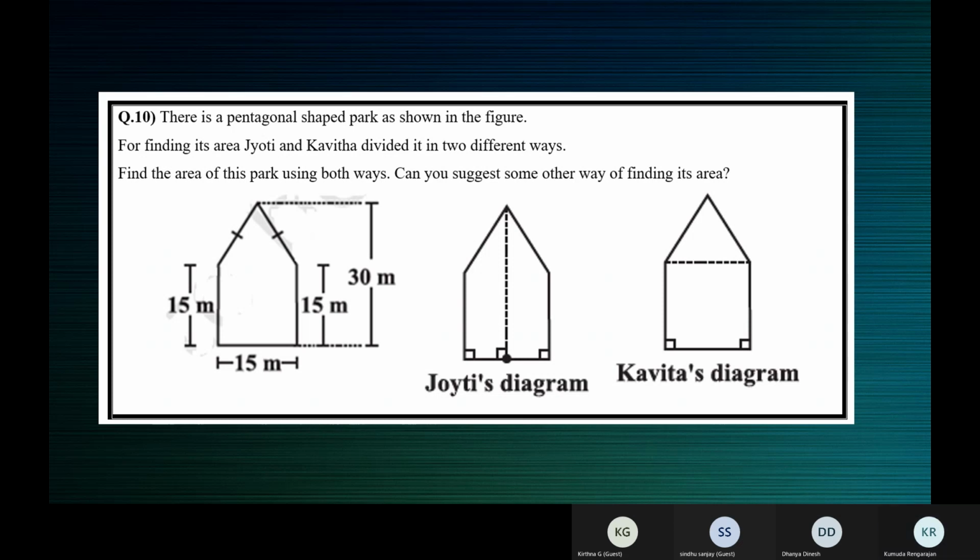So what's the area of the pentagon according to Jyoti? What's up, children?